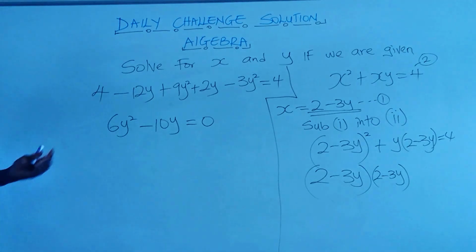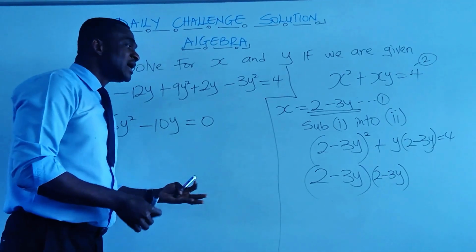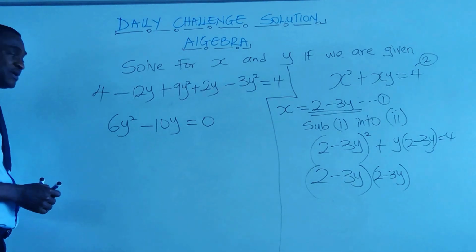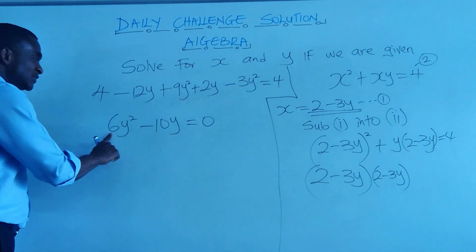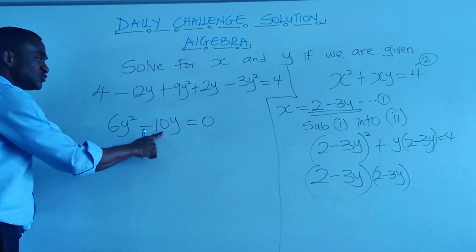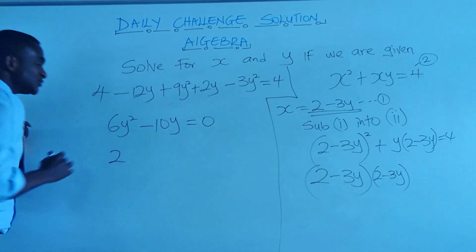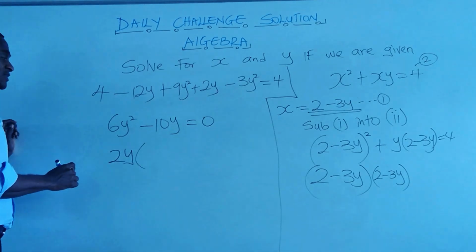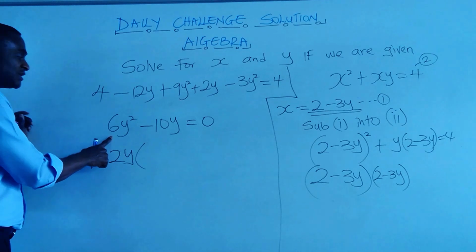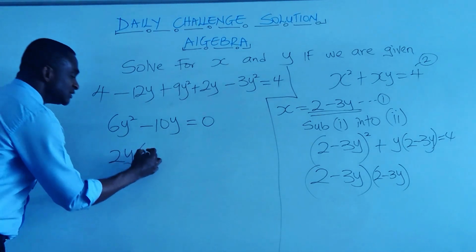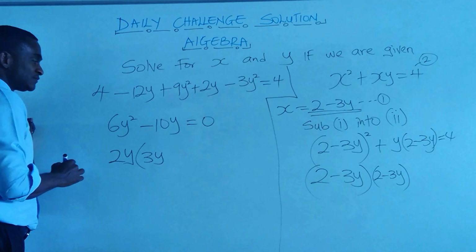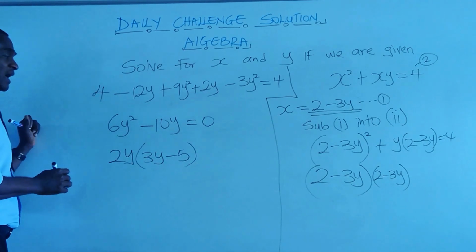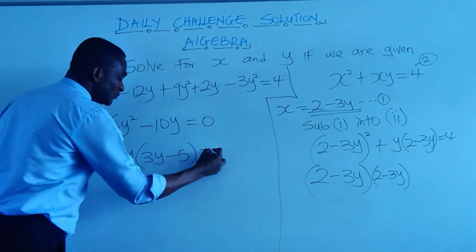If I have this, I can now go on and factorize. I can use factorization by common factor here. Between 6 and 10, 2 can divide, so I take 2. Between y and y squared, y can divide, so I take y. Now 2y into this gives me 3y, and 2y into this gives me minus 5.